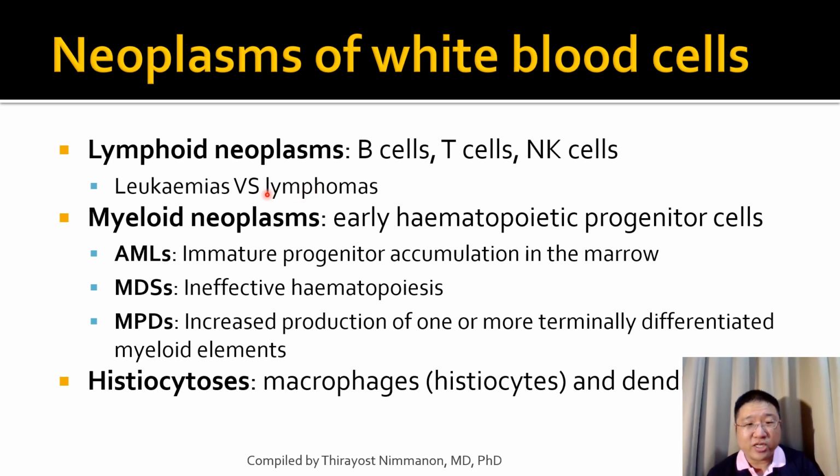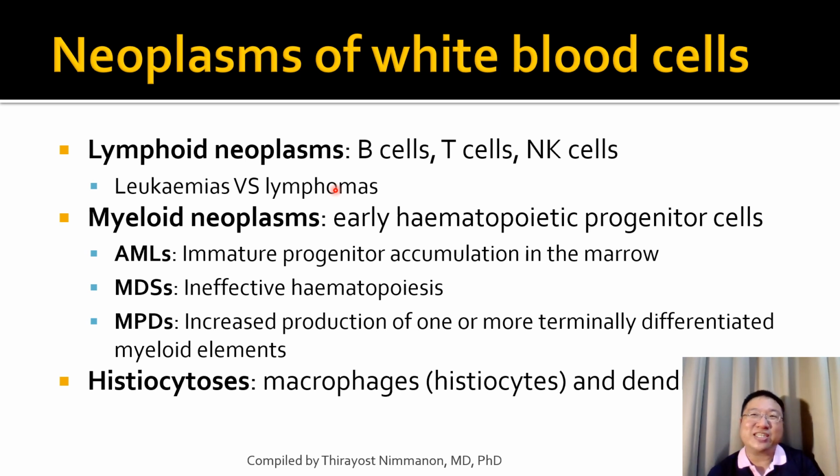Whereas if the main clinical feature is a mass, maybe a lymph node or a mass within an organ, and the mass is composed of malignant white blood cells, that condition is called lymphoma. Oma means mass, or neoplasm. So it is a mass.